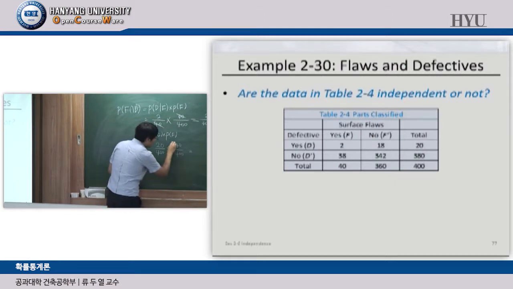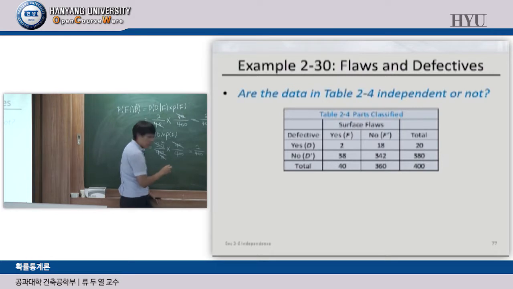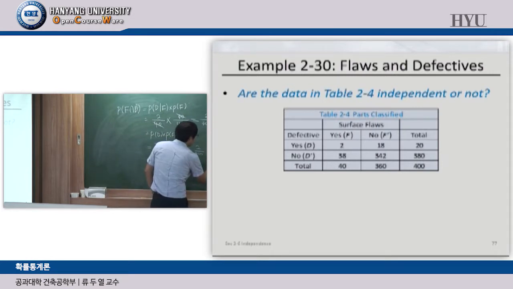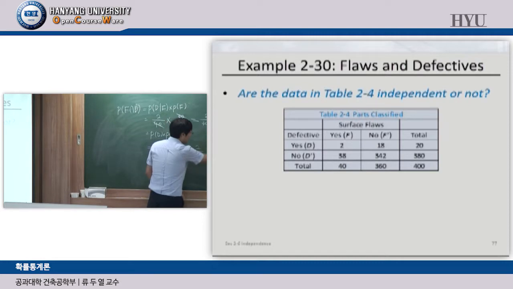So in this case, 40 will be eliminated by dividing 400 by 40, and there will be 10 here, right? And the 10 can be eliminated by dividing 20 by 10, so there will be 2 here. That is 2 divided by 400, okay? And that equals 0.005, okay? So as you can see, these two probabilities are equal.